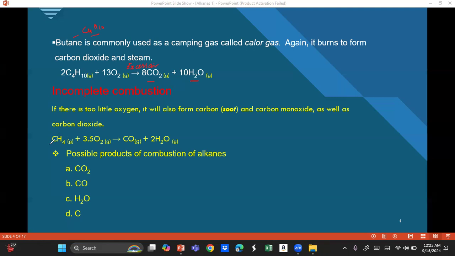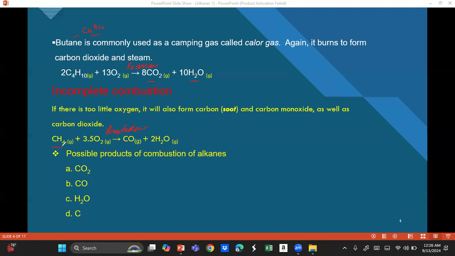Now let's see when methane burns in limited air. Keep in mind, when we call it incomplete combustion, then the air or oxygen is not in excess. It is limited. That is why the gas methane does not burn properly.